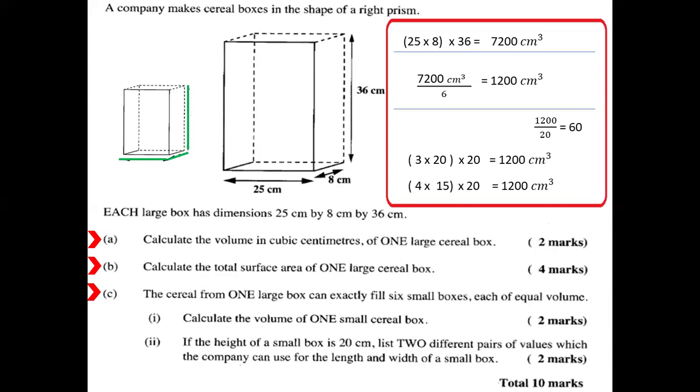And these are just two examples, right? We could have 6 times 10 as well, which is 60 times 20. That would still give us that 1,200. What they're asking for really are these two pairs, or it could be 10 times 60 or any other combination that you can think of.